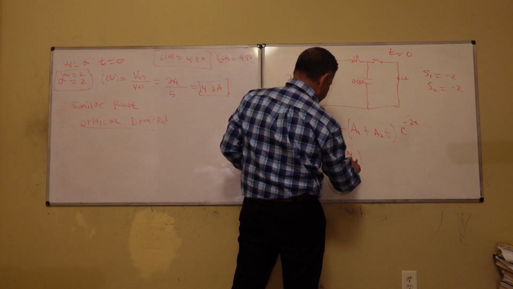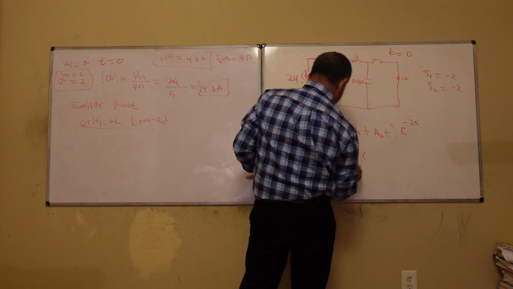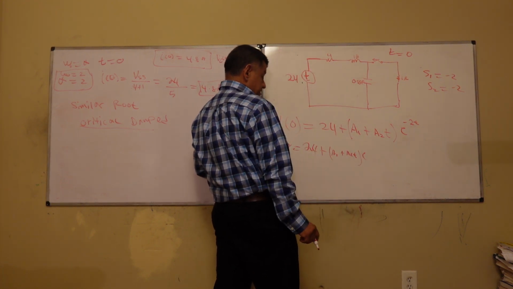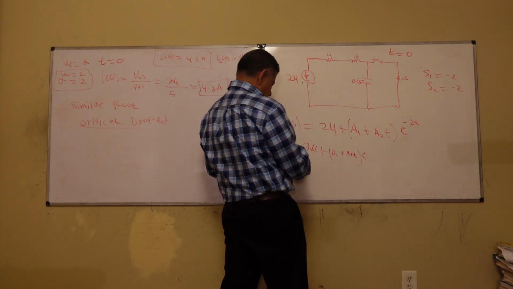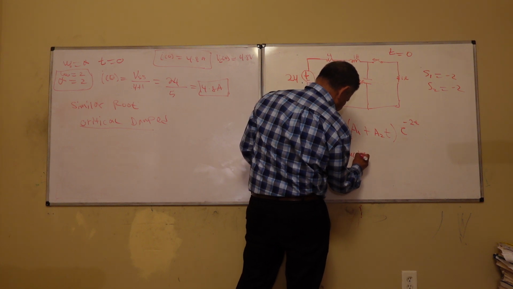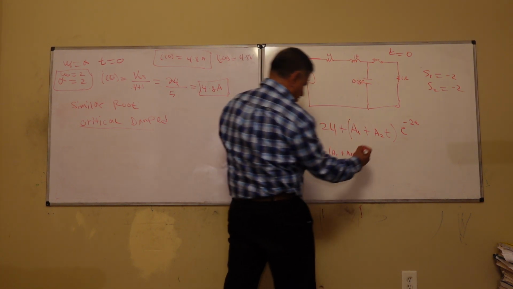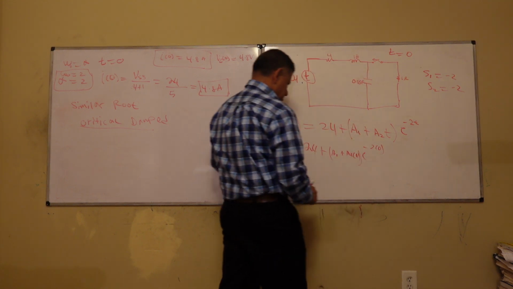Don't forget the t. Okay, let's do this. Why not? Let's plug in: put 0 over here for t, and right here just put 2 times 0.